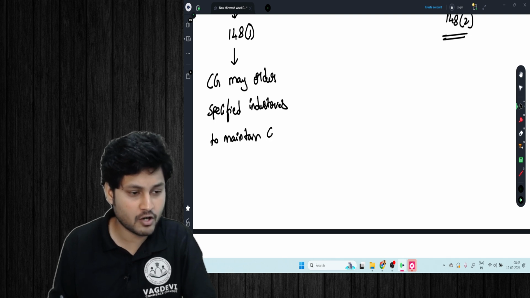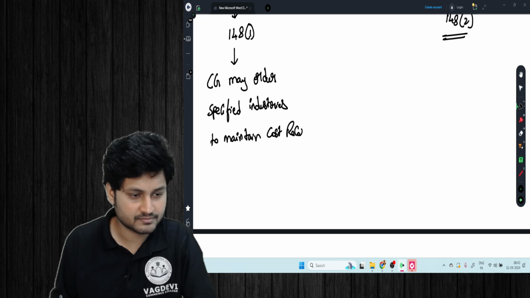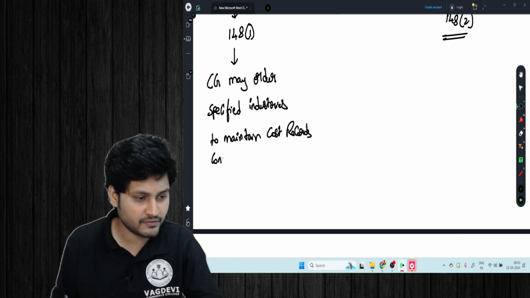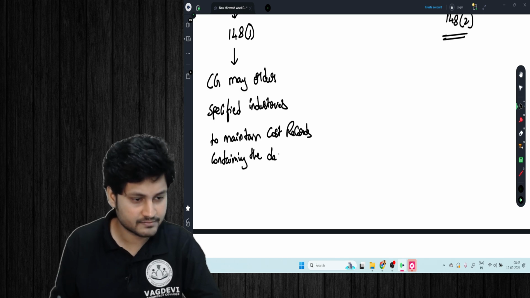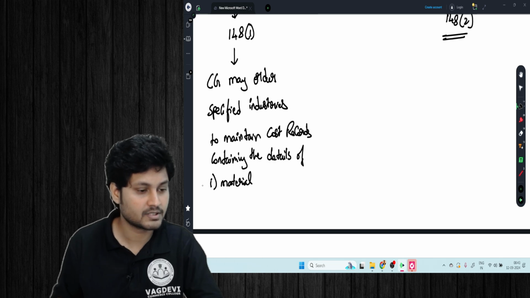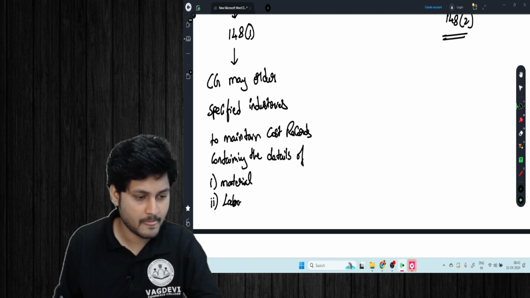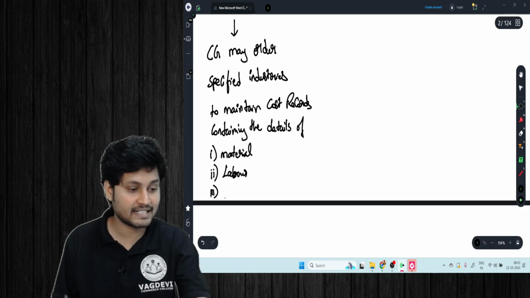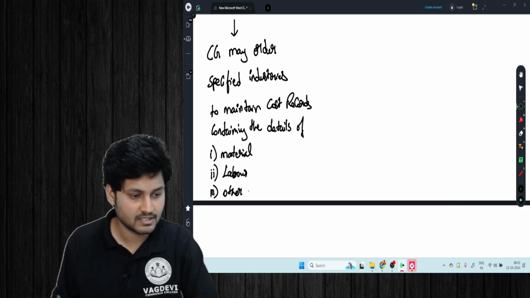Yes, to maintain cost records containing the details of what? Material, utilization of material and labor, and what? Other items of cost.